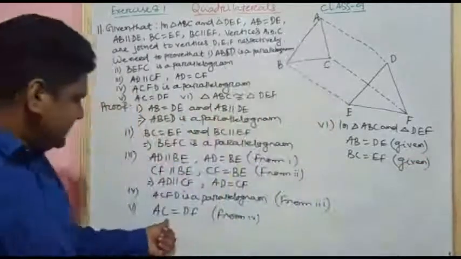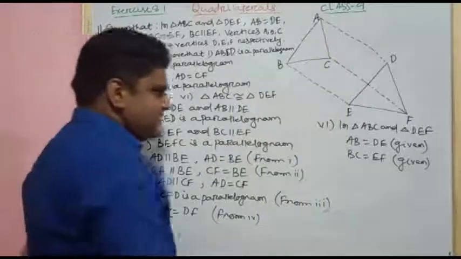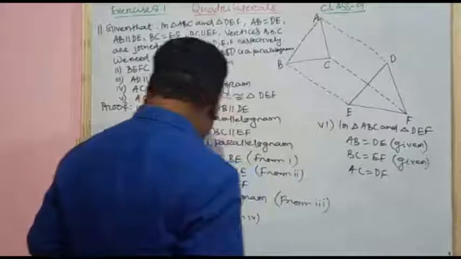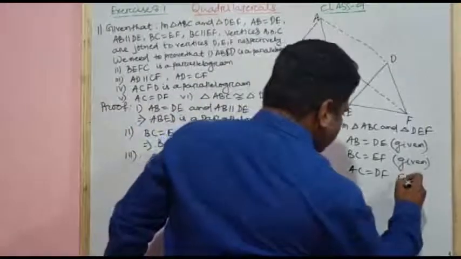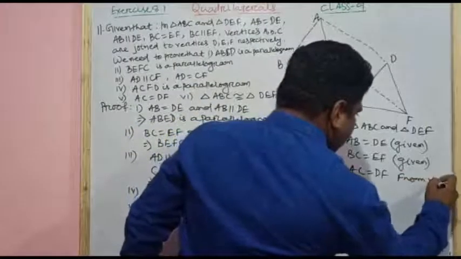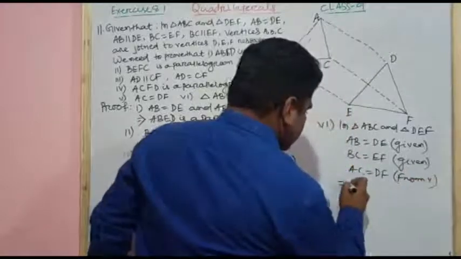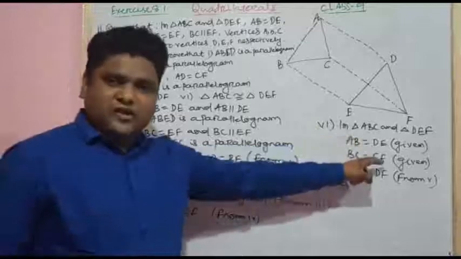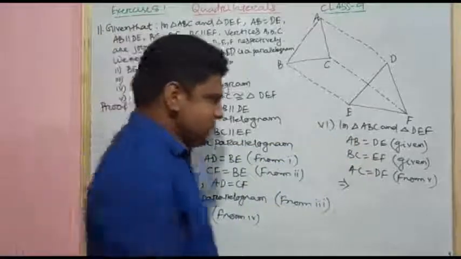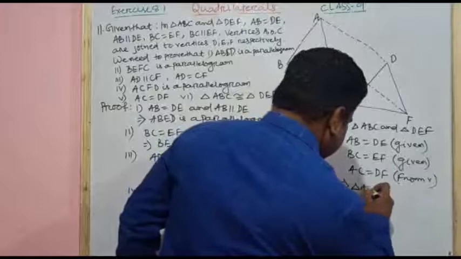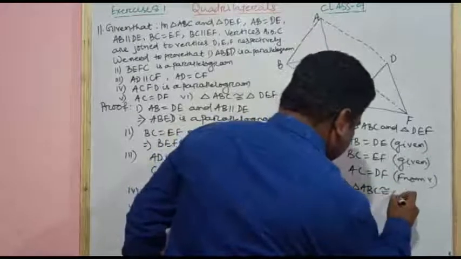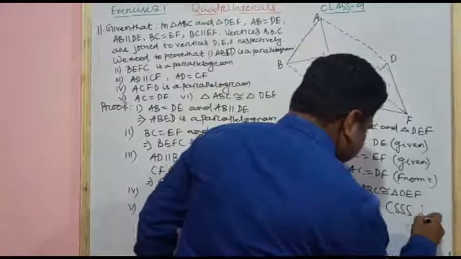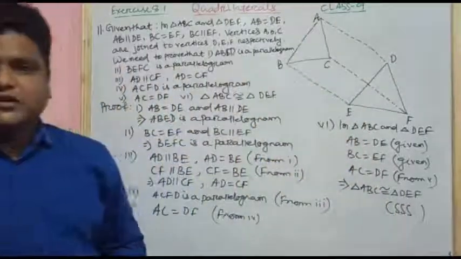And we have proved AC is equal to DF. This is from fifth bit. All three sides of triangle ABC are equal to all three sides of triangle DEF. This implies that triangle ABC is congruent to triangle DEF from SSS criterion for congruence of triangles.